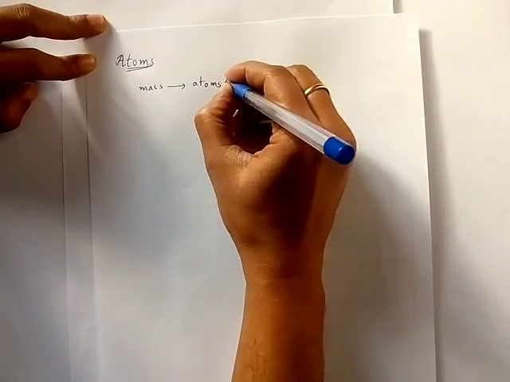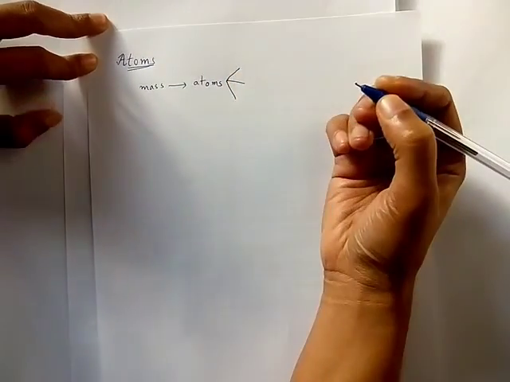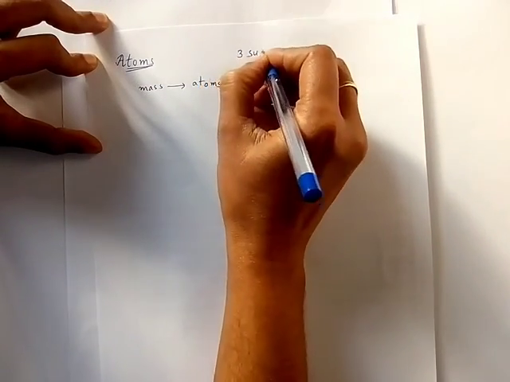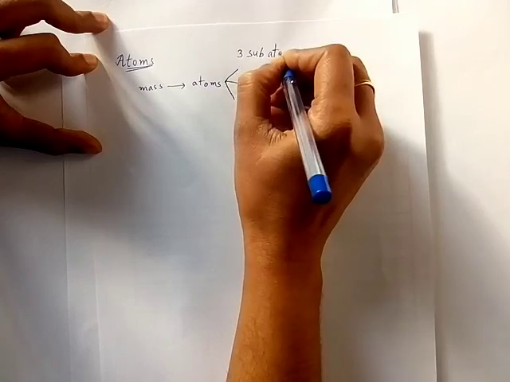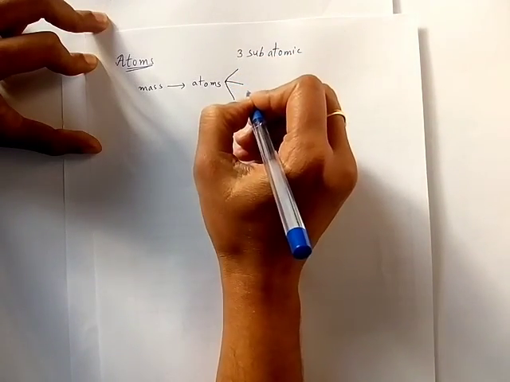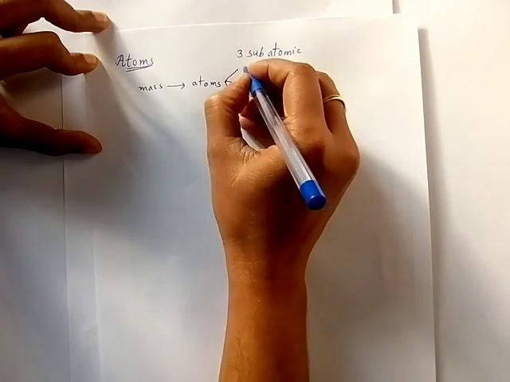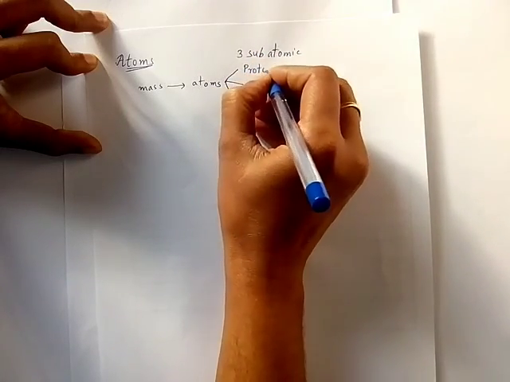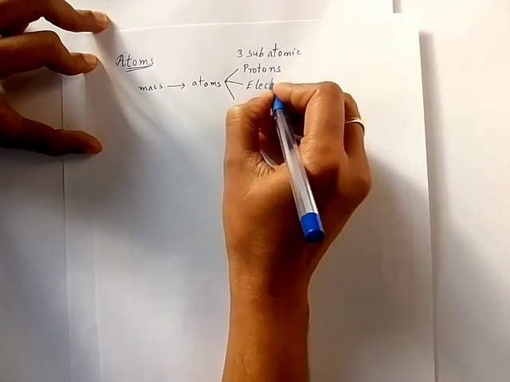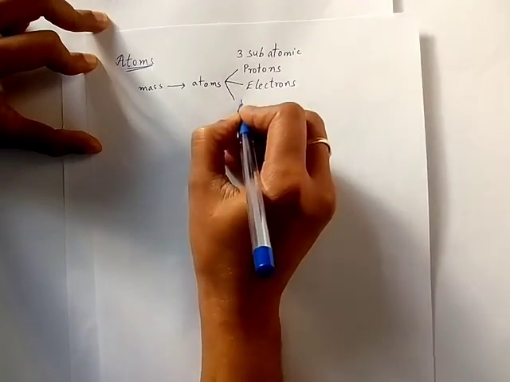You have learned the atomic model in chemistry. Atoms have 3 subatomic particles: protons, electrons and neutrons.